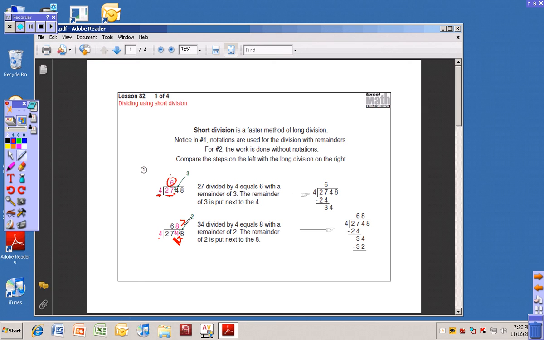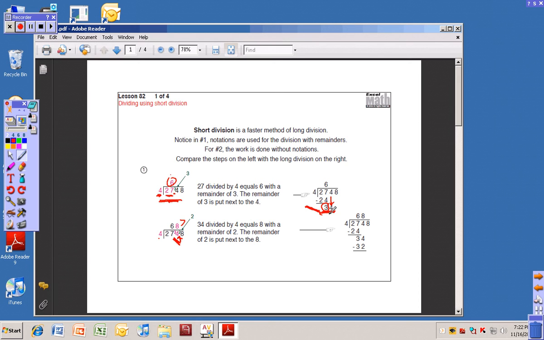Now, how do you compare these problems? Well, when you look at this problem here and this problem over here, you'll see that 6 times 4 is 24. Here's that little remainder number that was written next to the other digit, and then it was put next to the 4, and so you end up with the number 34, just like you did in the last problem.